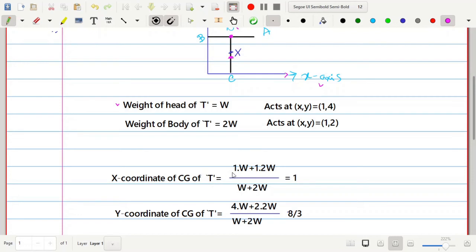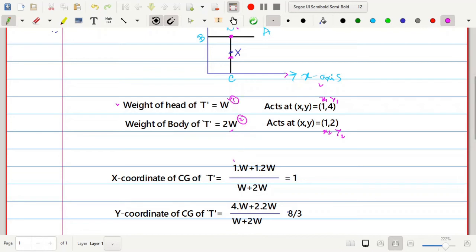We have x1, y1 with weight w1, and x2, y2 with weight w2.